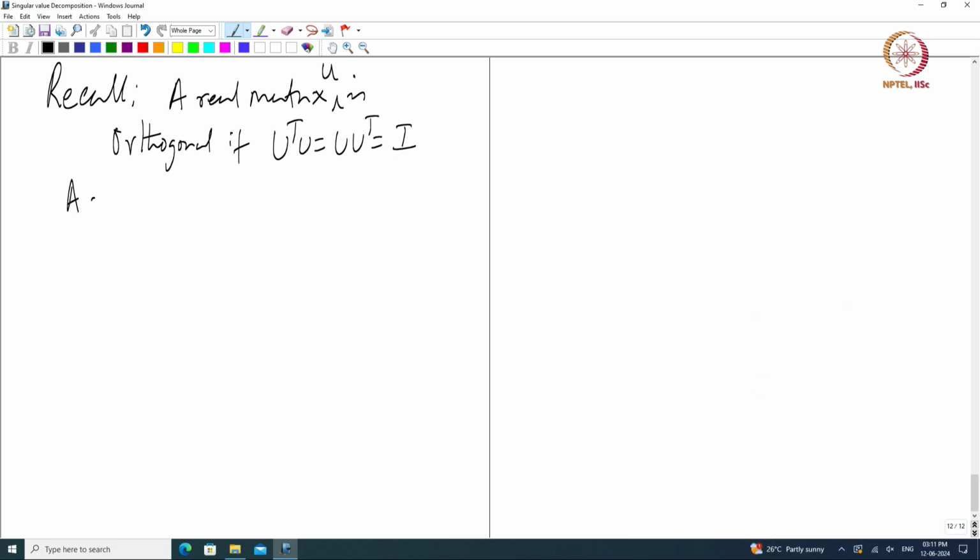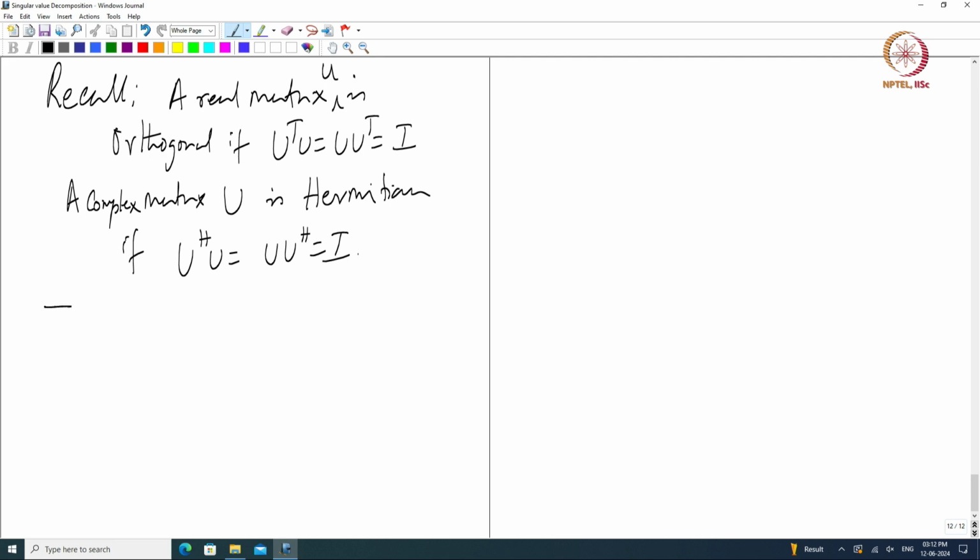Similarly, small correction, a complex matrix U is Hermitian if U^H U equals U^H equals I. Okay.